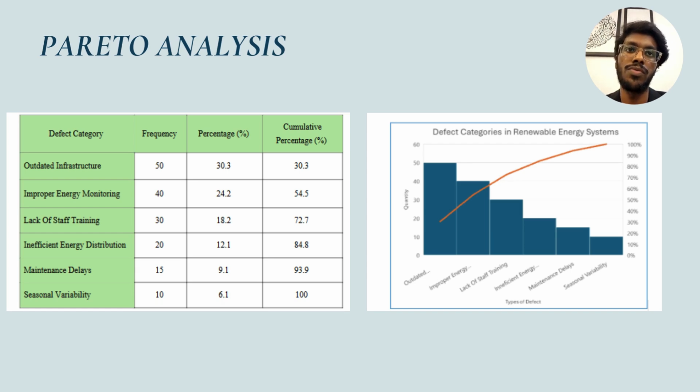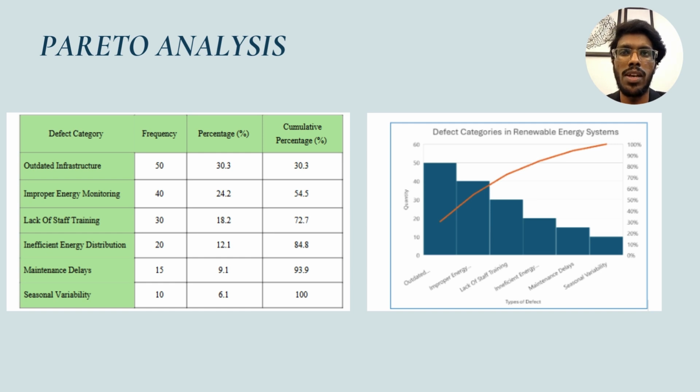Outdated infrastructure emerged as the most significant contributor, accounting for 30.3% of the total inefficiency, followed closely by improper energy monitoring at 24.2%. Combined, these two factors constitute over 54% of the observed inefficiencies, clearly highlighting their dominant impact on the overall system performance.